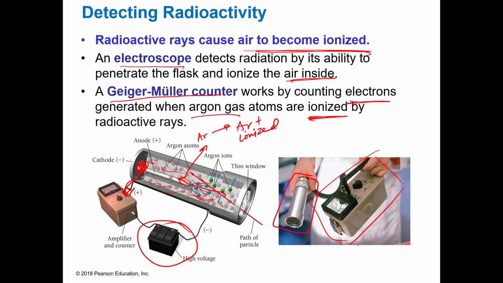You can get smaller ones, like we have one in the lab made by Vernier. That's pretty accurate, but it won't get down as low as this one probably. But the Geiger-Muller counter is an electroscope that detects the radiation by ionizing argon atoms.